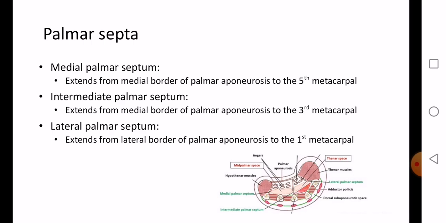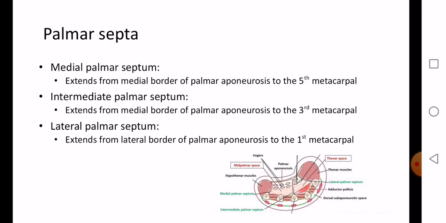So the 1st is lateral, the 5th is medial, and the 3rd one is in the middle. You will name the palmar septa accordingly. From the lateral border of the palmar aponeurosis to the 1st metacarpal, you will call it the lateral palmar septum.